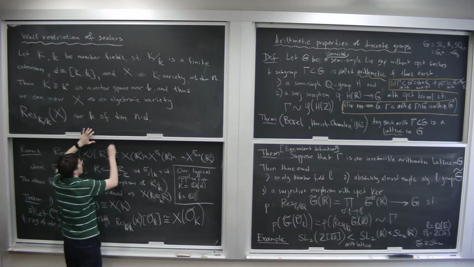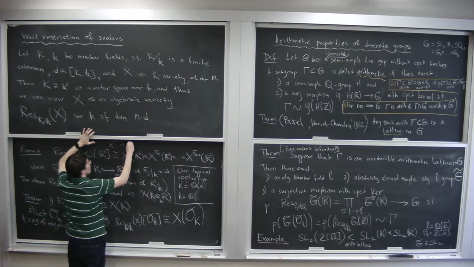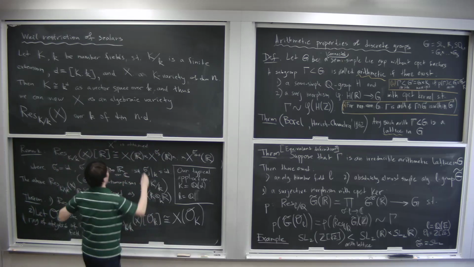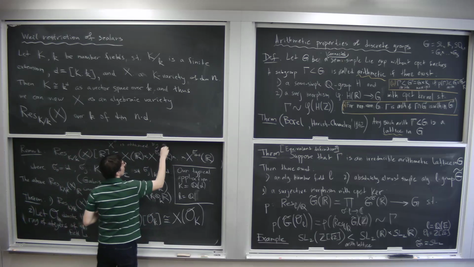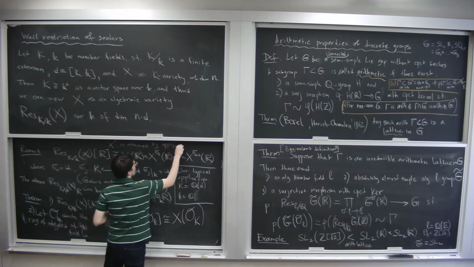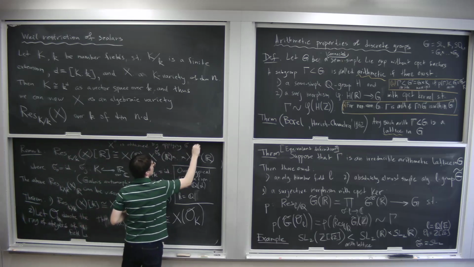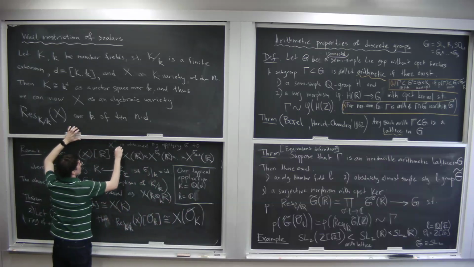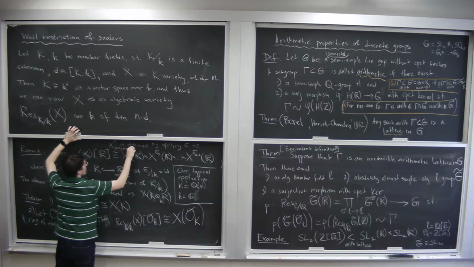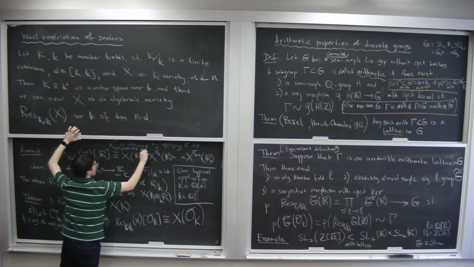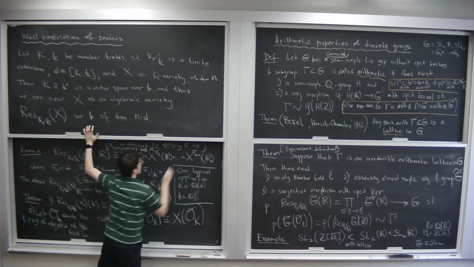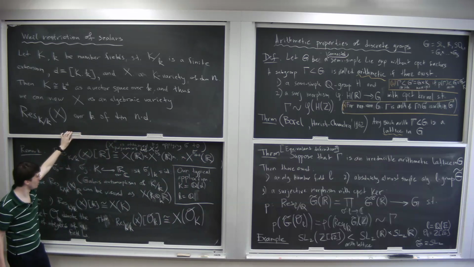So X sigma is obtained by applying sigma to the polynomials defining X. This is the remark that I should have said here on this board.